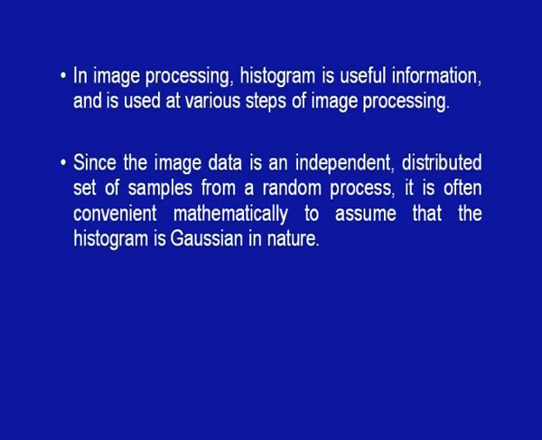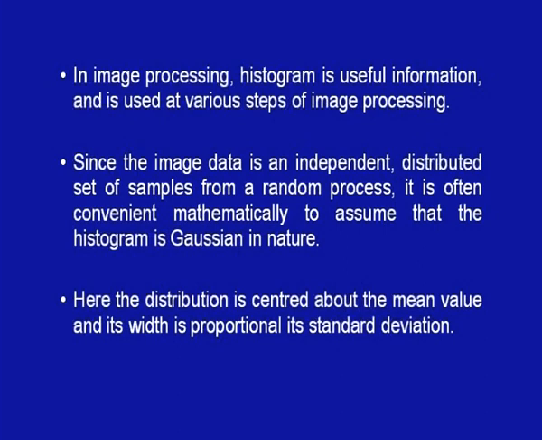In image processing, the histogram is useful information and is used at various steps of image processing. Since the image data is an independent distributed set of samples from a random process, it is often mathematically convenient to assume that the histogram is Gaussian in nature. Here the distribution is centered about the mean value and its width is proportional to its standard deviation.